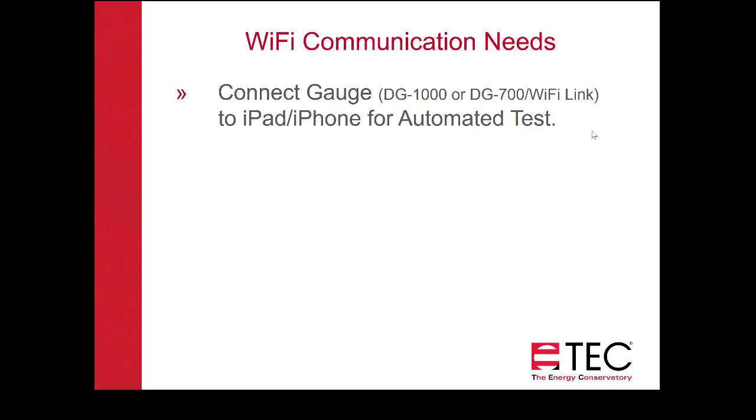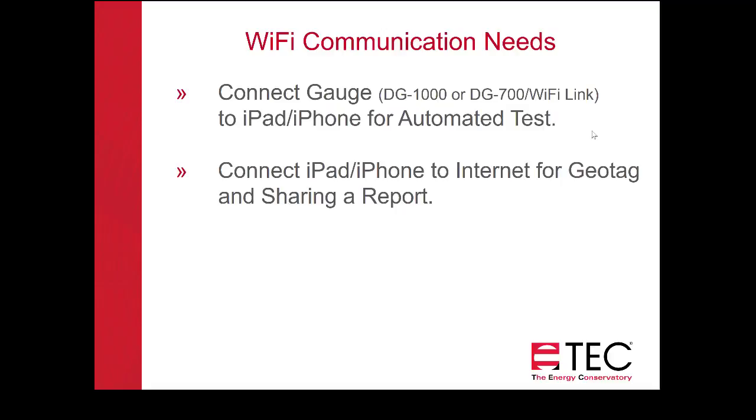First, we're going to need to make a connection between the gauge, either a DG700 or DG1000, with a Wi-Fi link, and our iPad or iPhone to do an automated test. And then another thing we have to think about is we need to connect the iPad or iPhone to the internet for geotagging, or to share a report, to email that report, or to send it to the cloud.